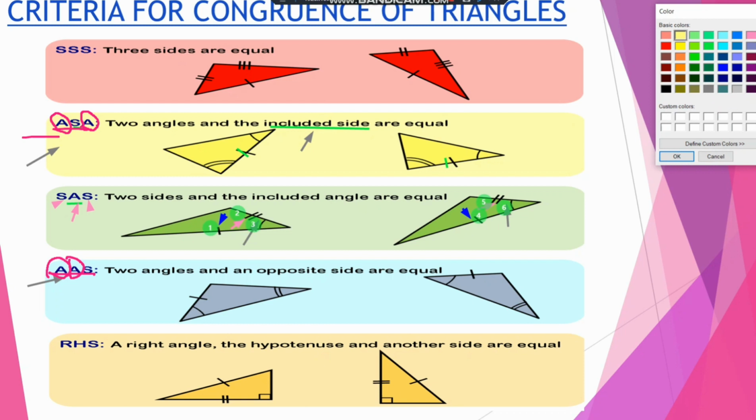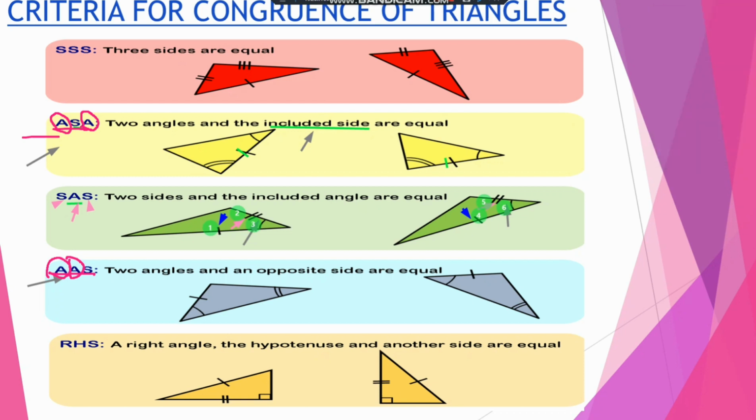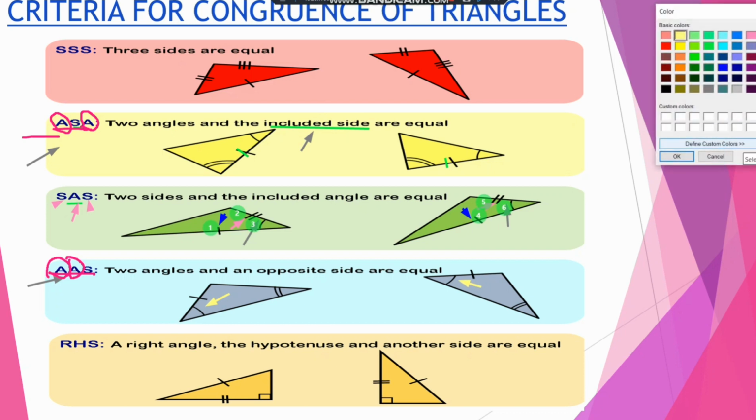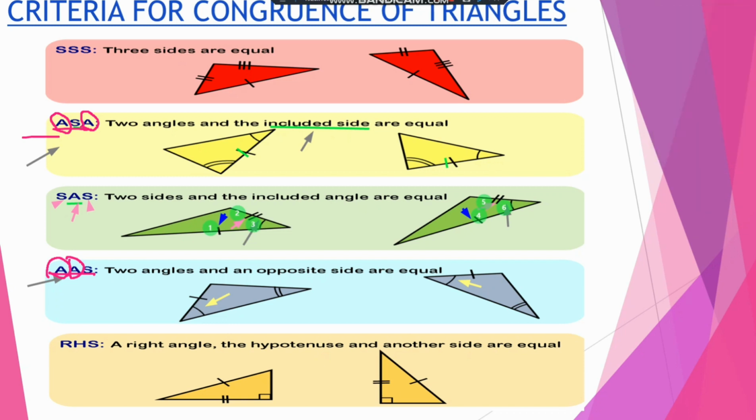Now you can see one is this angle in the first triangle, equal to this angle. The second angle is this, which is equal to this angle.